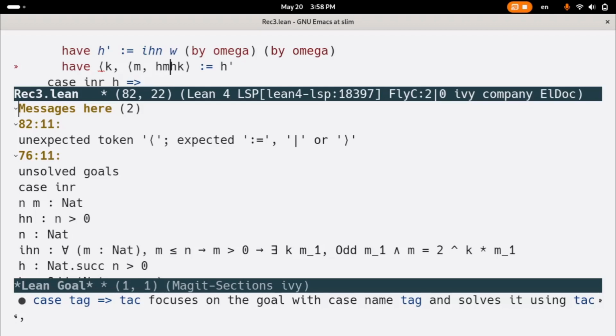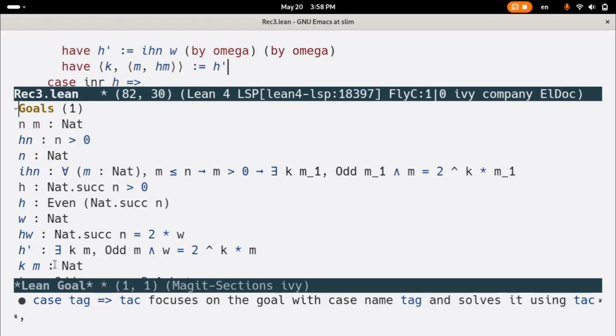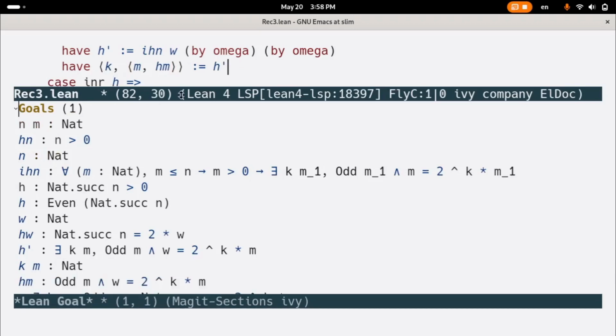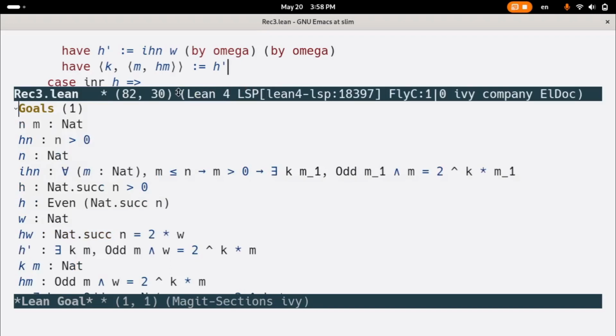Since HK is a proof of there exists, we can split it further into the existence of an M and a proof HM. Observe HM is just that M is odd and W is 2 power K times M, where K is some natural number.